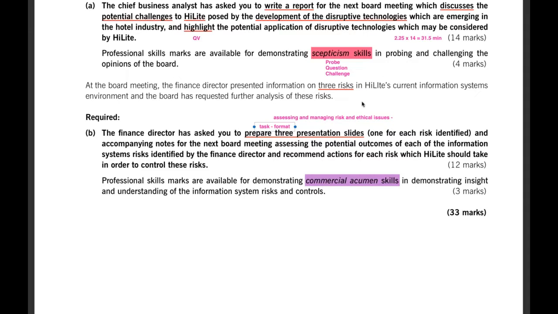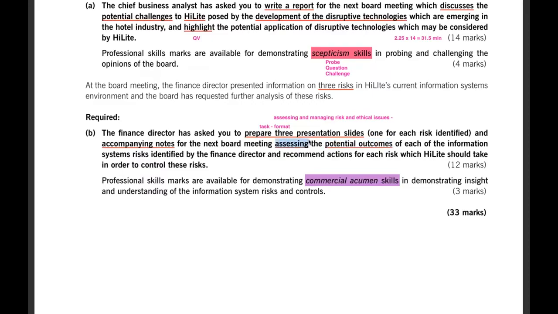Here it says that what? You have 3 risks in highlight's current information system. So you know that there are 3, and accompanying notes for the next board meeting, assessing the potential outcomes.